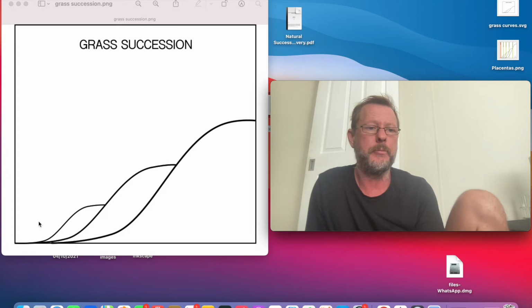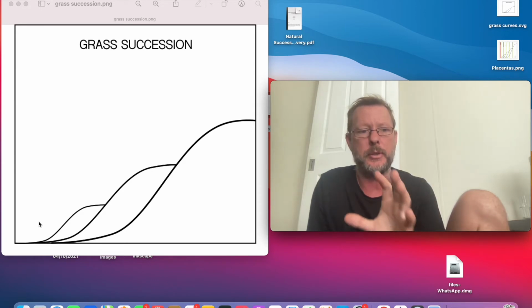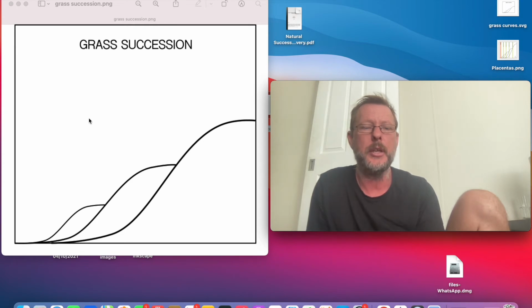Now, the low succession plants have a purpose, and their purpose is to create conditions of life and establish and colonize and put life in place. Without them, if conditions were too poor for higher succession plants, what we would get is nothing.